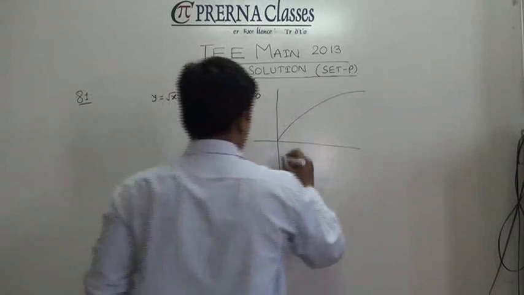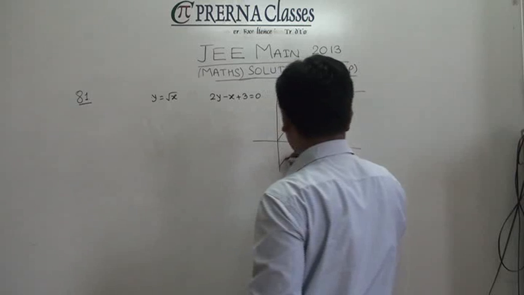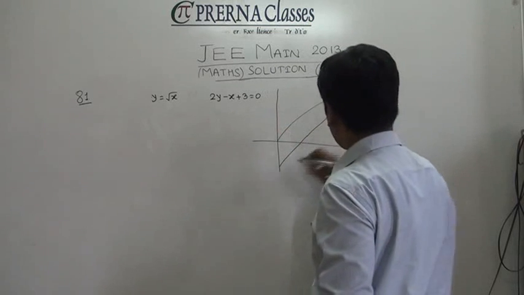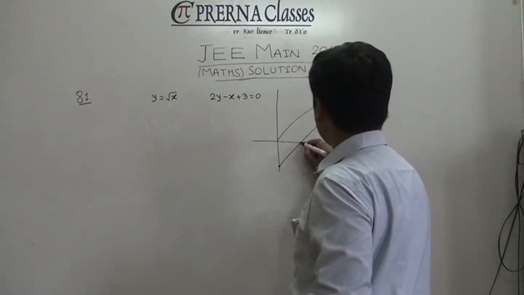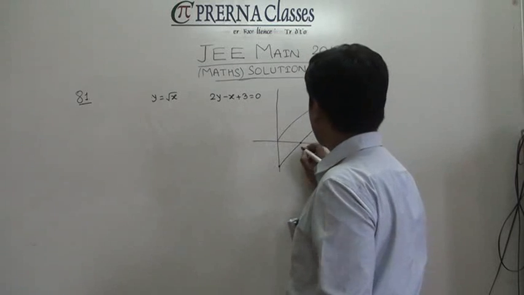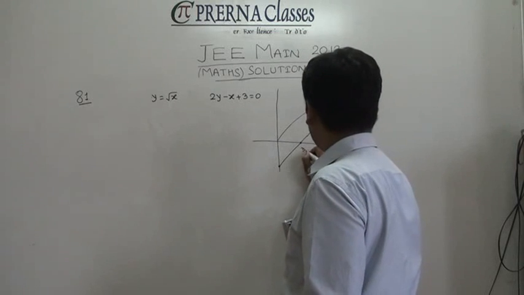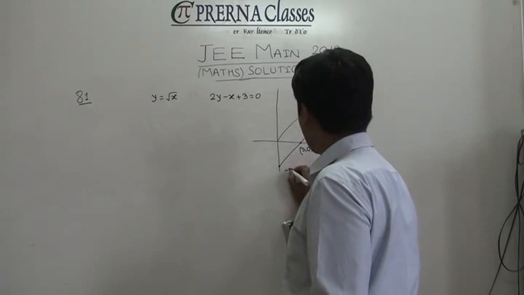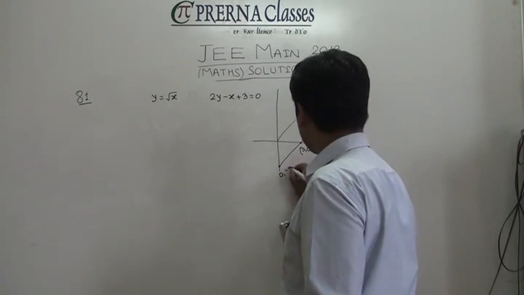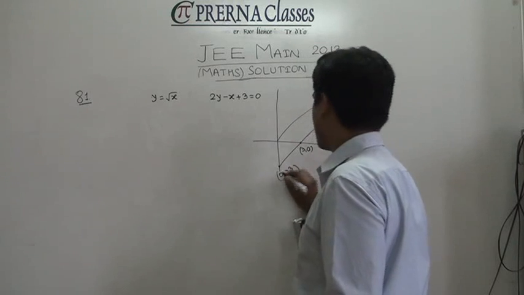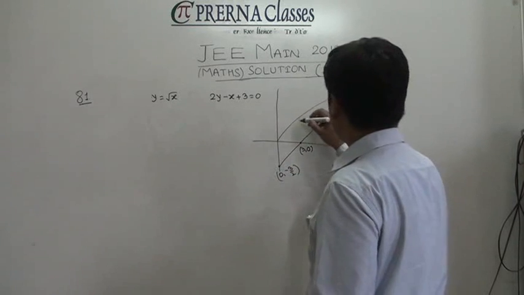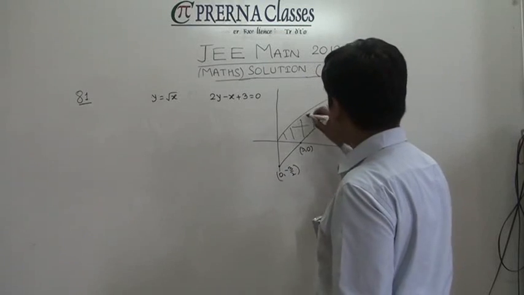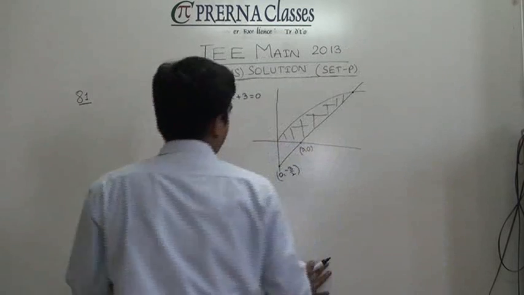This particular line is going to cut the x-axis at (3, 0) and the y-axis at (0, minus 3 by 2). This is the area we are interested in, that is in the first quadrant.